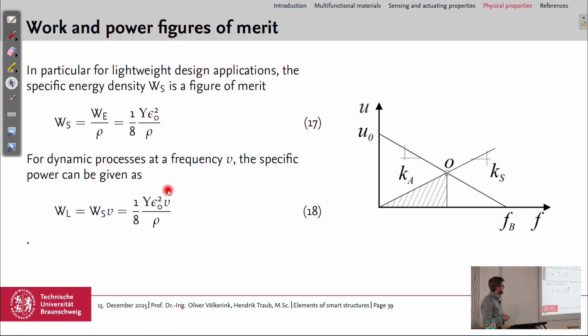And for dynamic processes, we have also a specific power WL, which is WS, the energy density, times the frequency. But we will not look much into dynamic processes in this lecture. So in the lab, everything we do is more or less static.